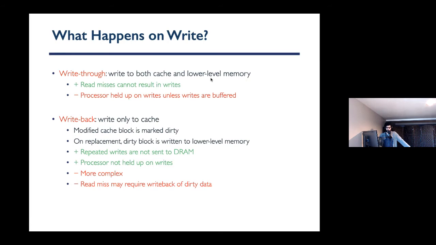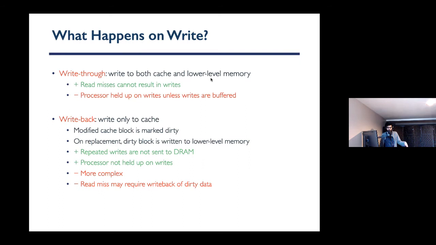The other approach that you can take is called write back. In this one, you only write it in the cache, but you have to remember that you wrote this in the cache and not in the memory. So you usually have a dirty bit associated with each cache block, and you set that dirty bit. You say, I have written in this cache, and I have to remember this.